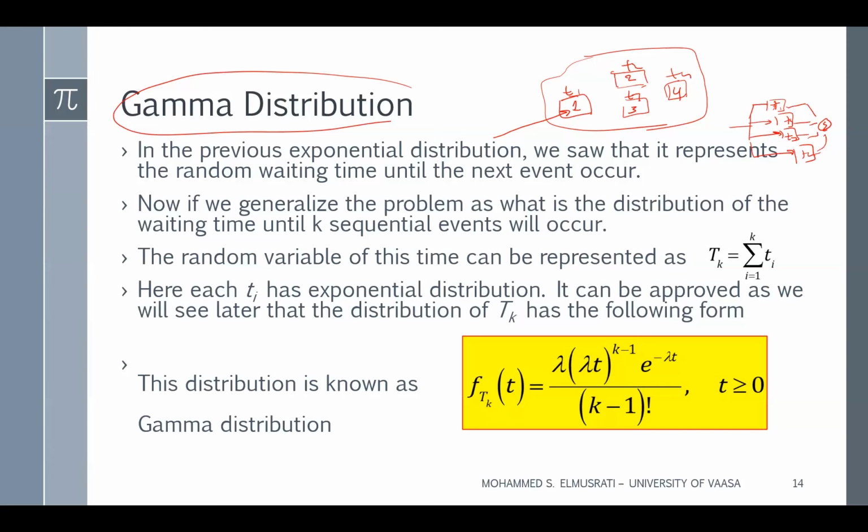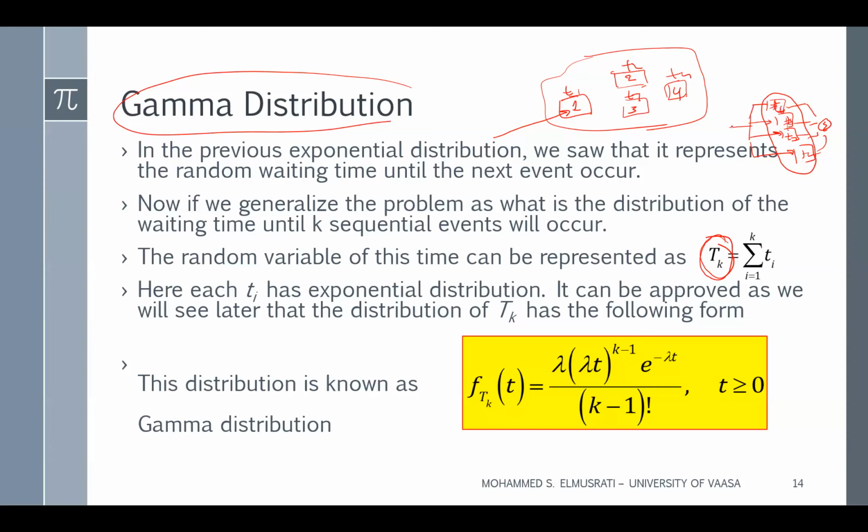So in such a highly reliable system, we have 4 systems connected in parallel, and we know that the failure of the whole system will happen if all of them fail. So now I am interested in Tk, the time. I am looking to find the distribution of the time Tk, which is nothing but the summation of each time. Each time is now a random variable.